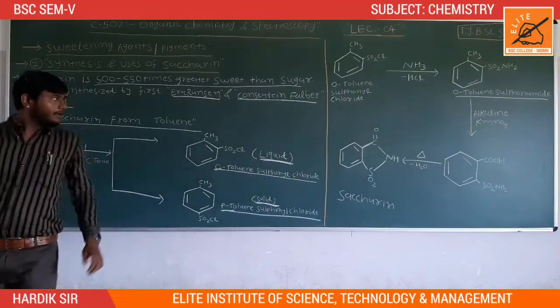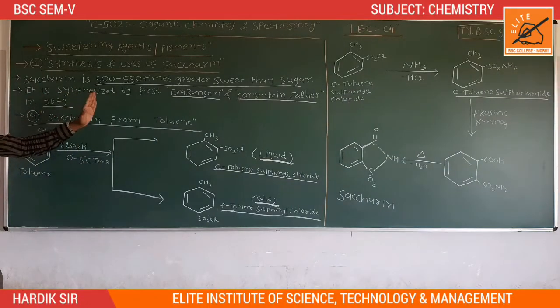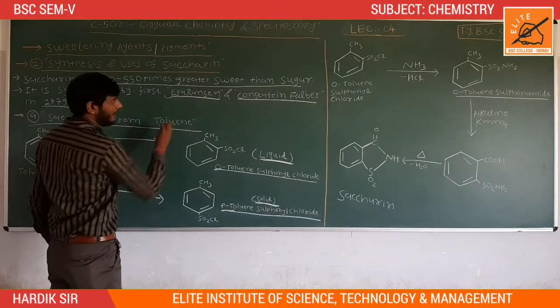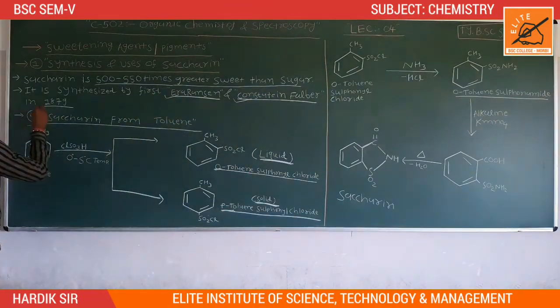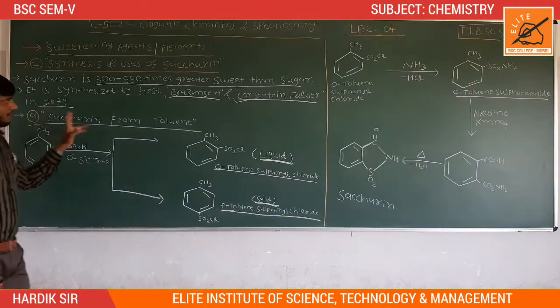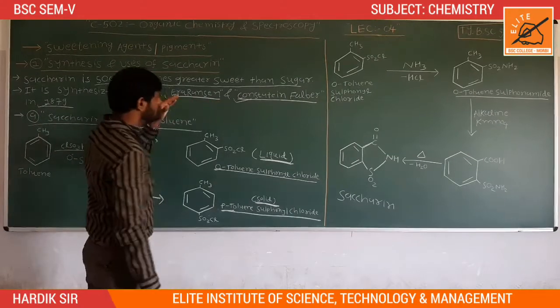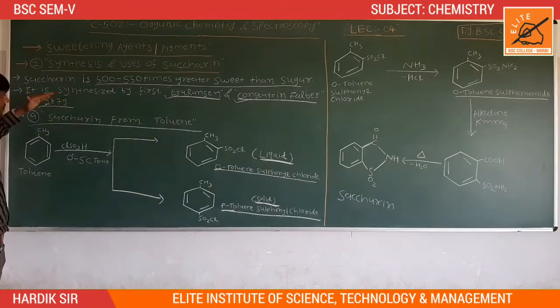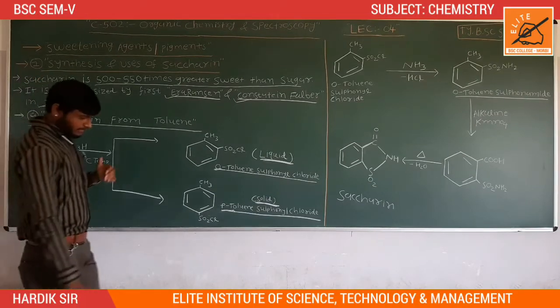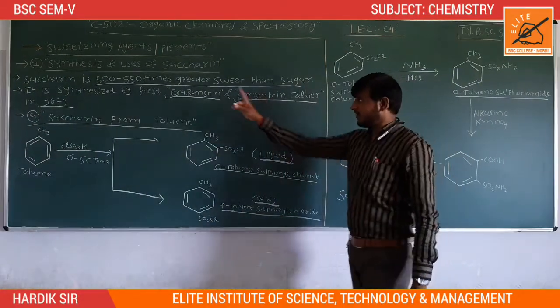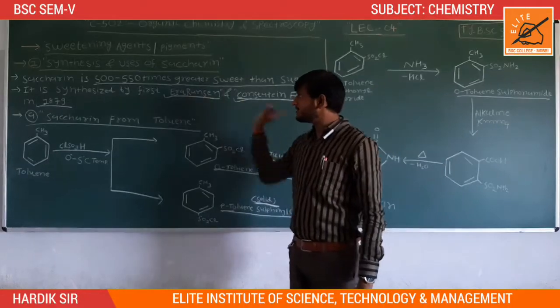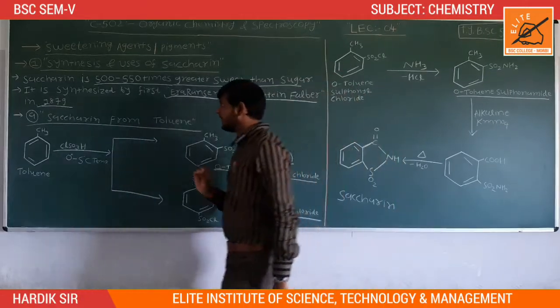It was first synthesized by Ira Remsen and Constantin Fahlberg in 1879. These are the two scientists who prepared saccharin for the first time in 1879.